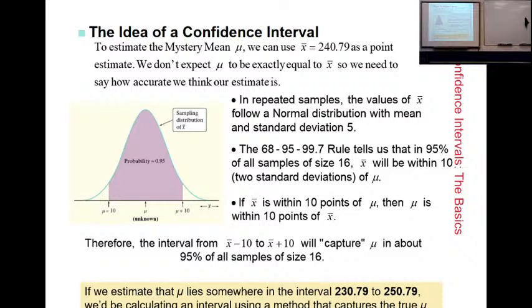If we estimate that the mean lies somewhere 10 above or 10 below what we get in our sample, we'll be calculating an interval and using this method because of this 95% rule that is going to capture the true mean.